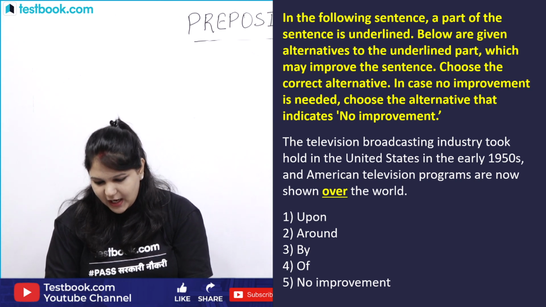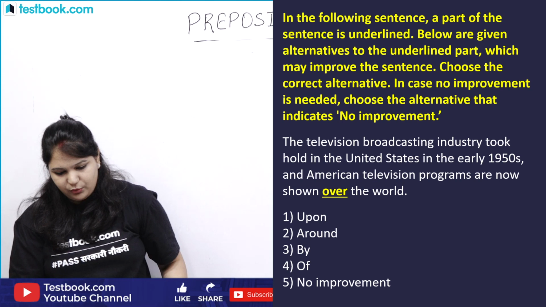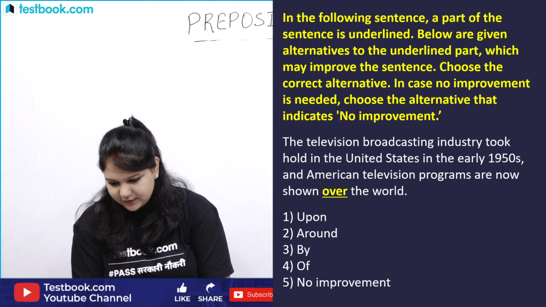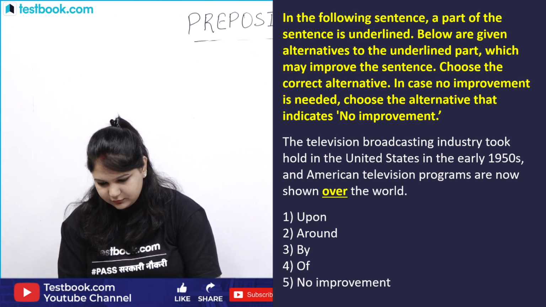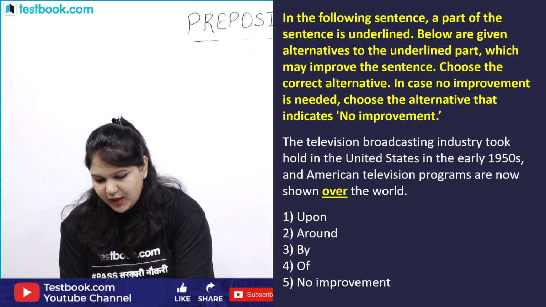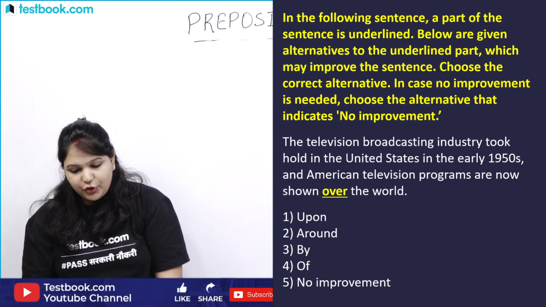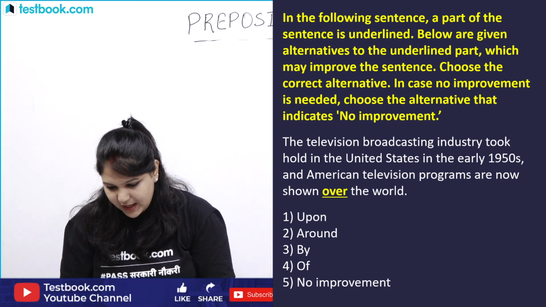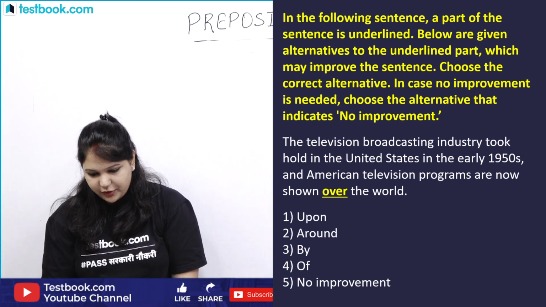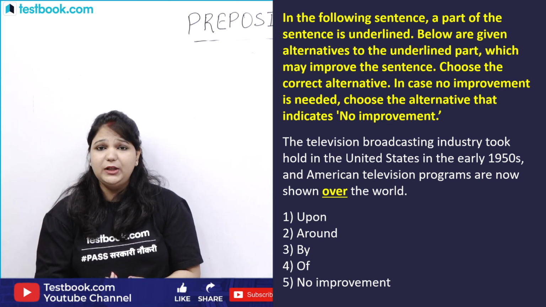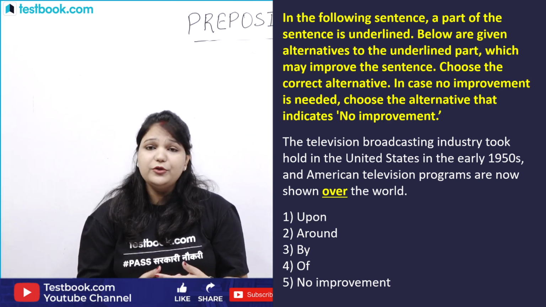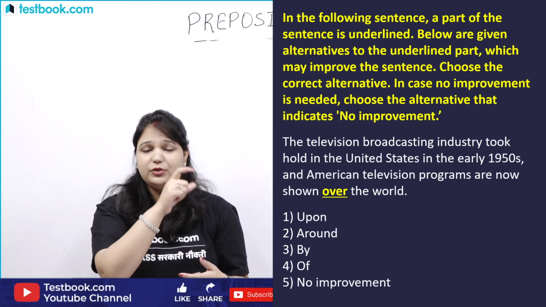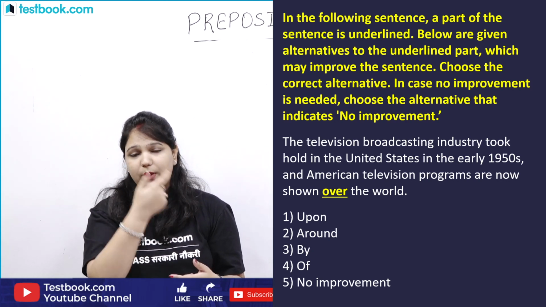Okay, a lot of people are answering question number 1 as around. Great. The television broadcasting industry took hold in the United States in the early 1950s and American television programs are now shown over the world. So you are going to use your preposition pertaining to the verb which is given, that is shown.